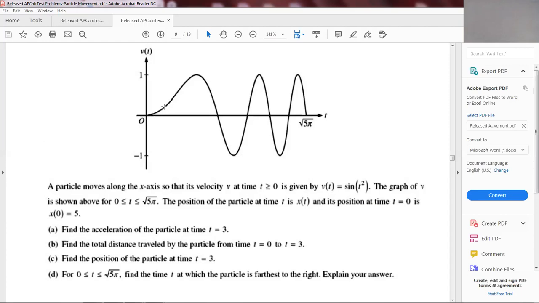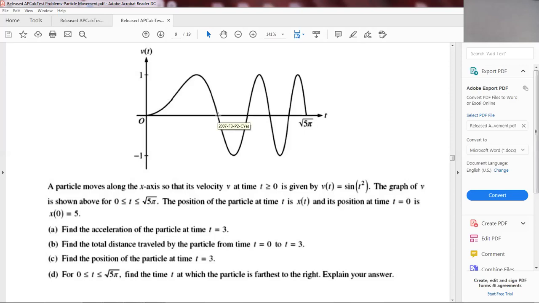So here the velocity is positive, so the particle is moving to the right, correct? Now, here the velocity is increasing. Here the acceleration, because this is the slope of the tangent line, is positive. It reaches a maximum of 1, and then the acceleration becomes negative, and then begins to stop the particle.